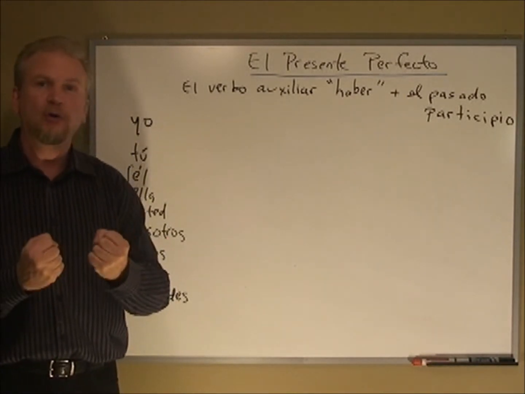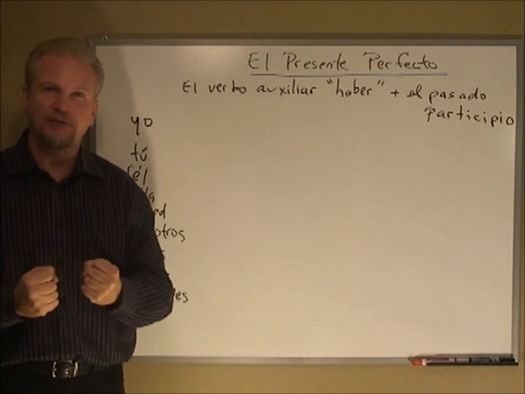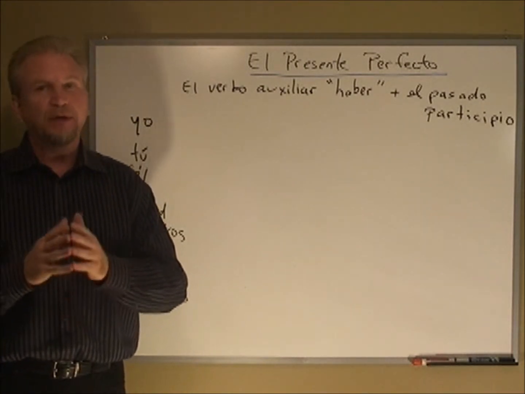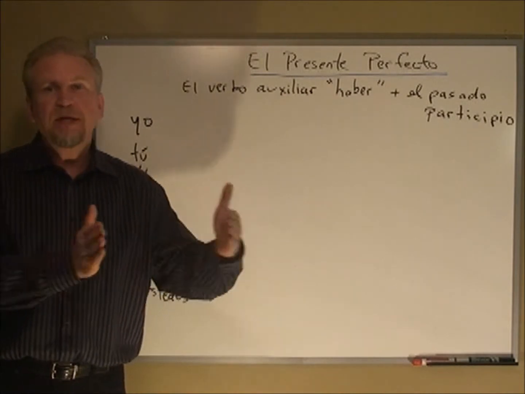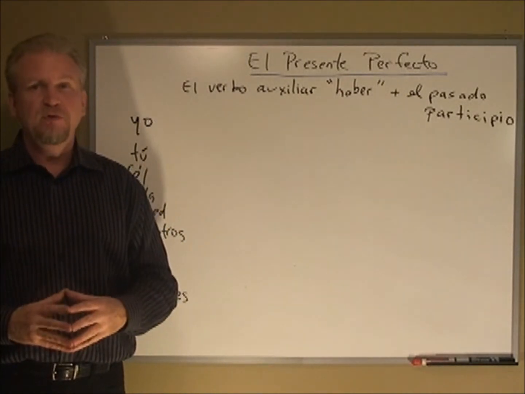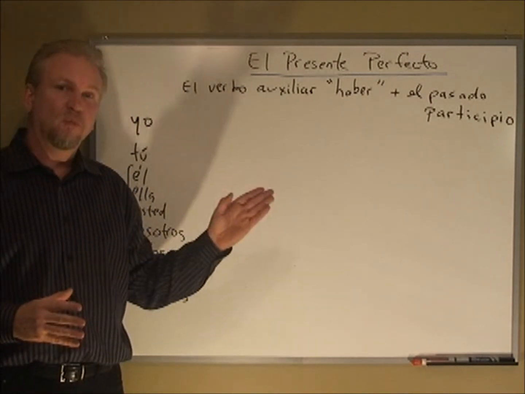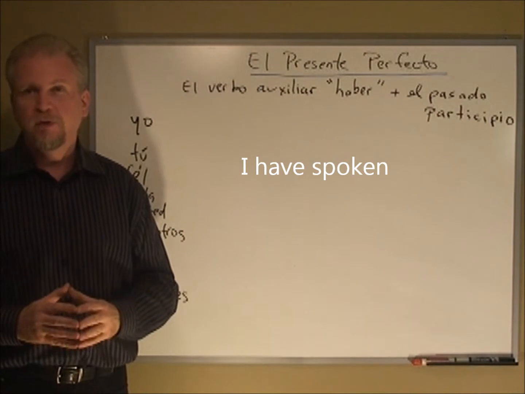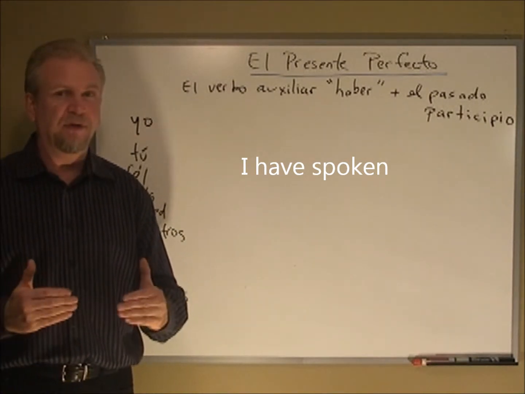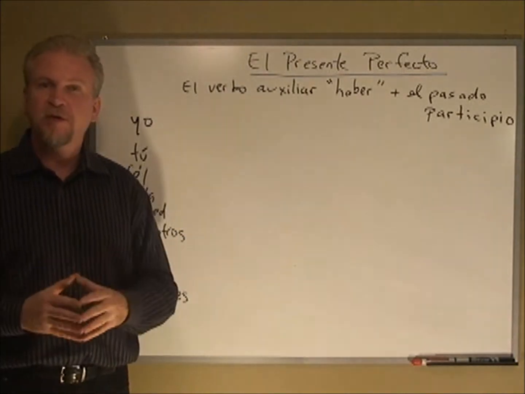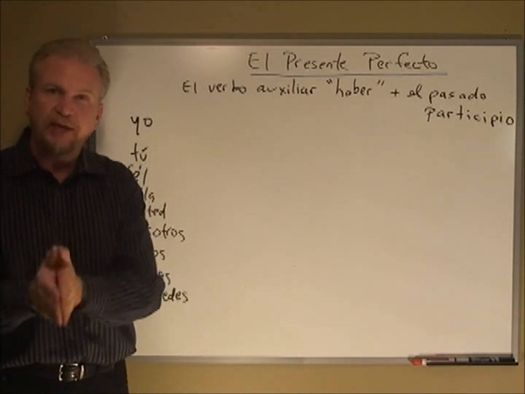Yo tengo una clase. I have a class. This verb haber is used for have, but as a grammatical filler for the verb we use have in English when we're using a past participle like I have spoken. We're not really saying we have something there. It's just have goes along with spoken to make the present perfect tense.